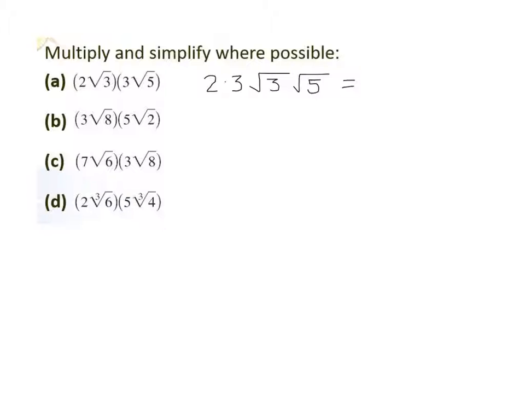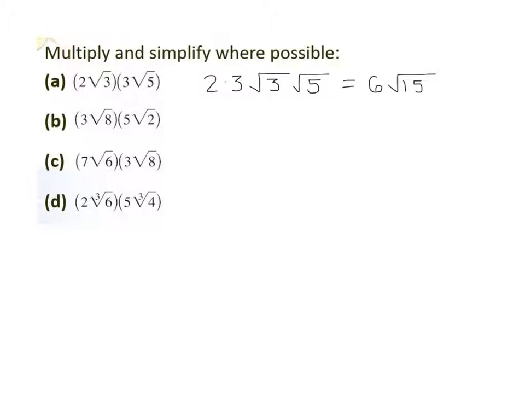When we do so, 2 times 3, of course, is 6, and then square root 3 times square root 5 is square root 15. Now we always want to check at this point to see if we can simplify that square root of 15 using the methods that we learned in lesson 5.3.